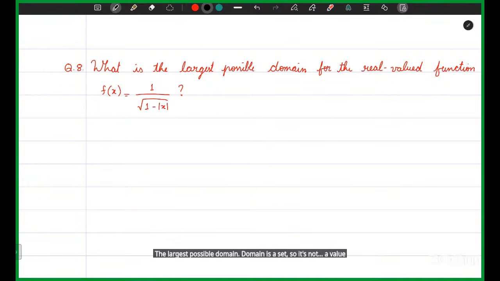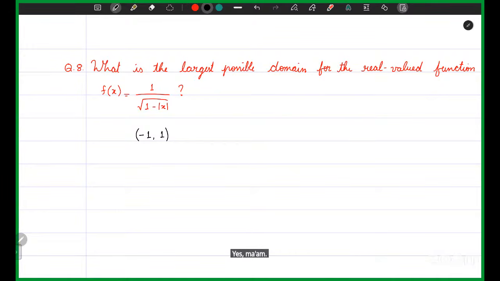I'm looking for a set. Yep, from -1 to 1. Open or closed? Open bracket.